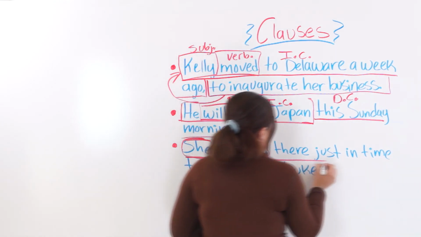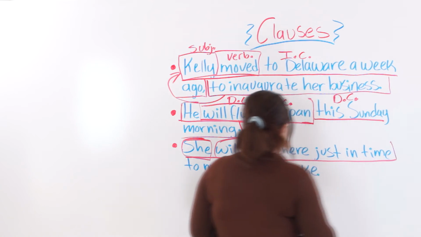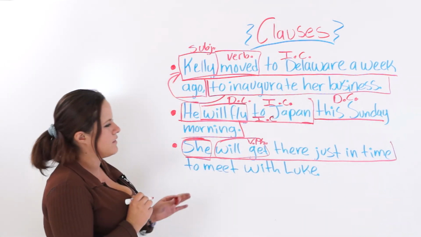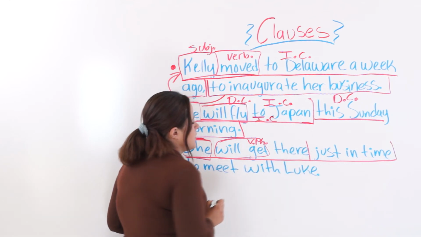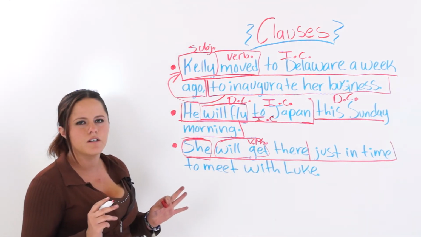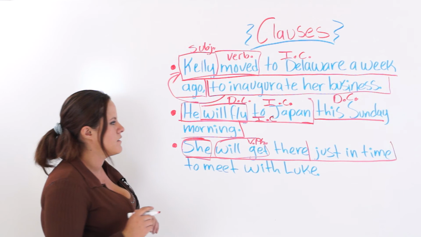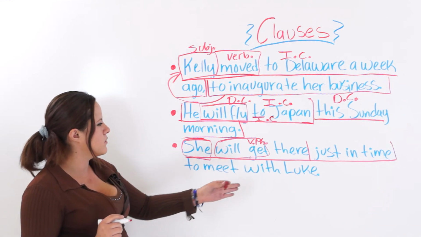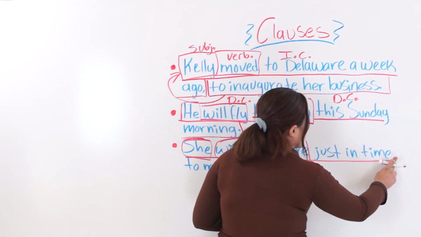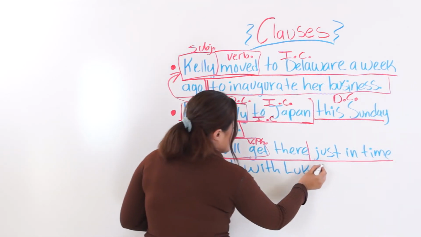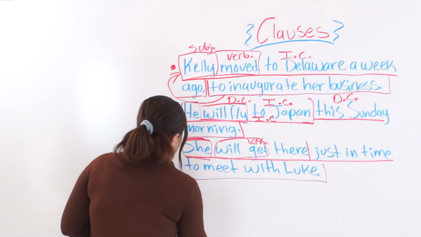This could be an independent clause. She will get there just in time. Or up to here, she will get there. Period. That could be a sentence. Just in time to meet with Luke would be the dependent or subordinate clause.